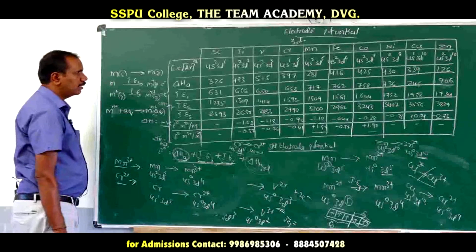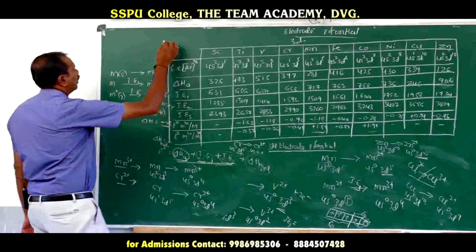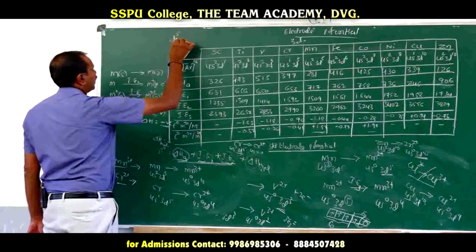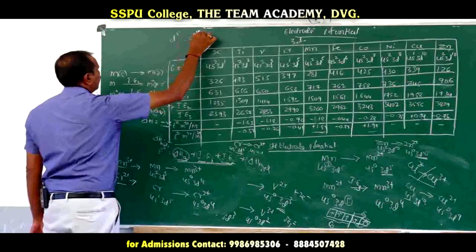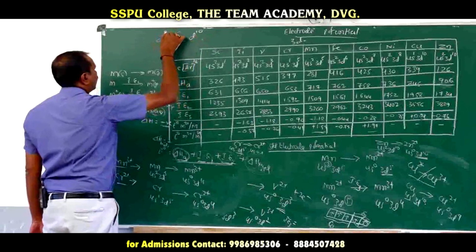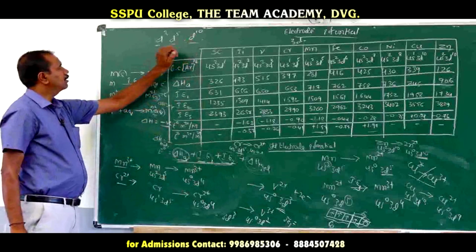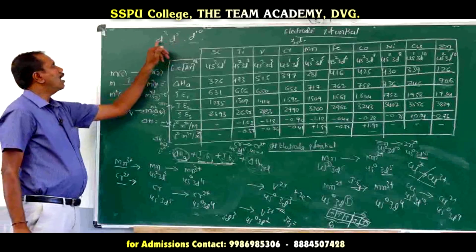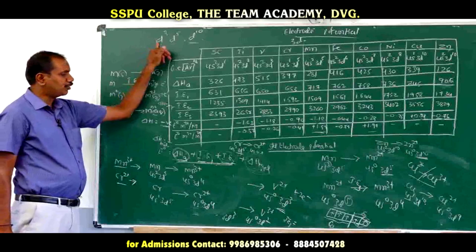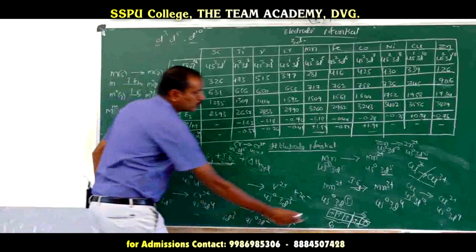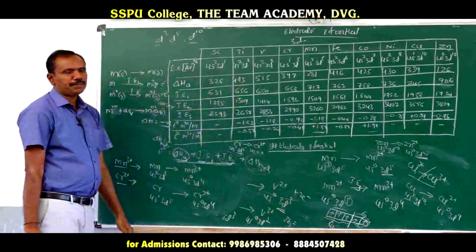We know that in ionization enthalpy, the d orbital should be d5, or d10, or d3, then the elements are more stable. If it is completely filled or half filled, or d3, meaning all the electrons are in the t2g set, then the element should be more stable.